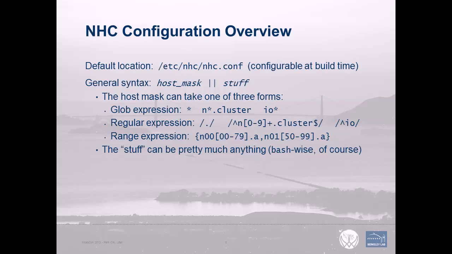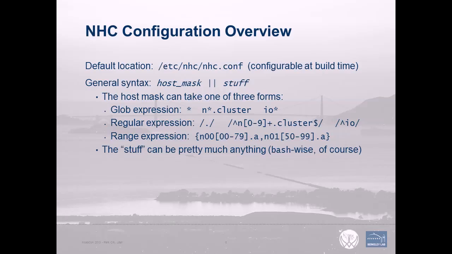So as it parses the configuration file, it compares the host mask that you've specified to whatever its host name is. If it matches, it runs that check. If it doesn't match, it skips it and moves on. So only those checks that match the current node will actually be run. Everything else gets ignored. So you can have one single config file that applies to all of your nodes, and you can differentiate through the use of the host mask.